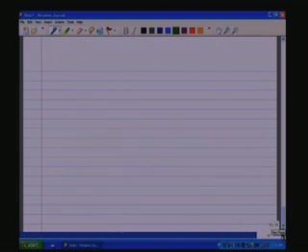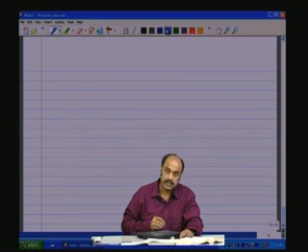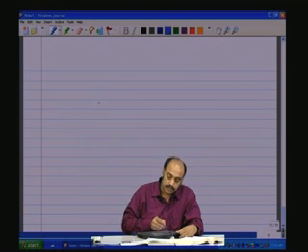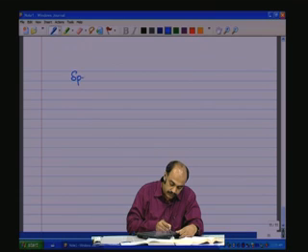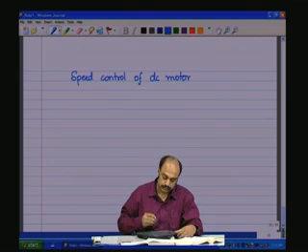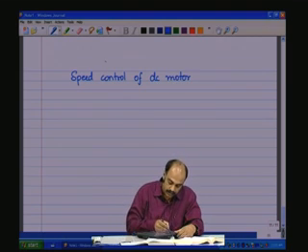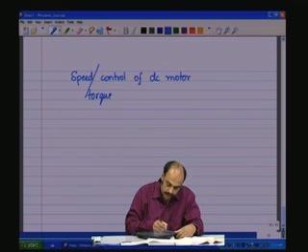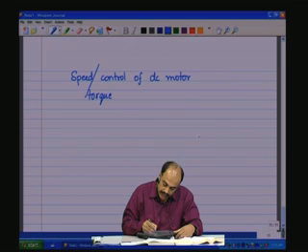So let us see what is speed control of the DC motor. When we take up the speed control of DC motor, I will also include speed and torque control of the DC motor here. We have the DC machine.